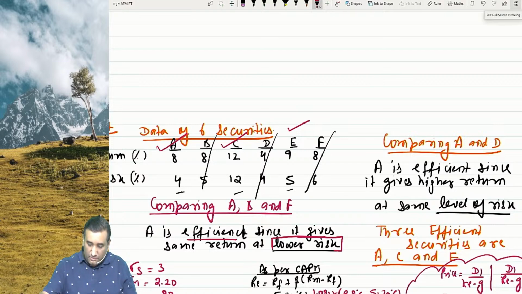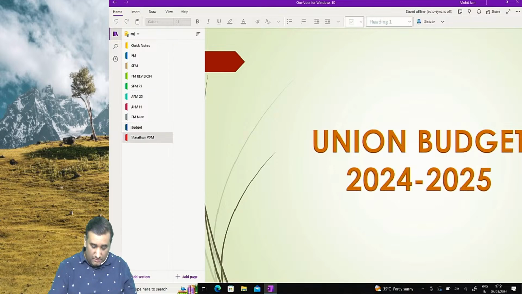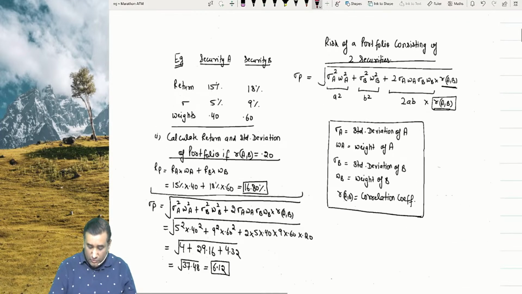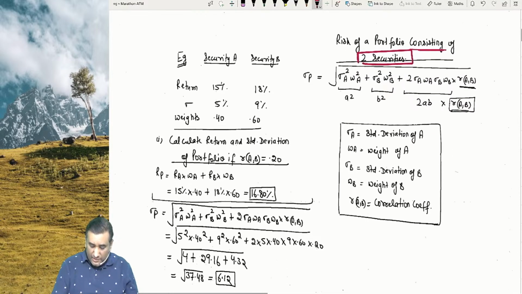So the second part, when we go on to the risk of a portfolio, the risk of a portfolio consisting of 2 securities. Return of a portfolio is the normal weighted average.